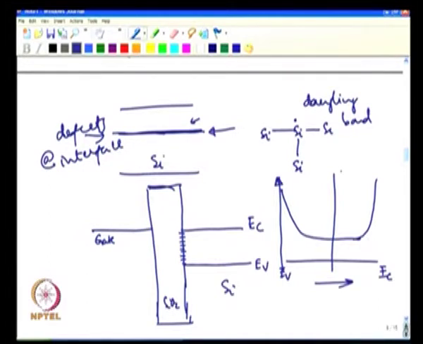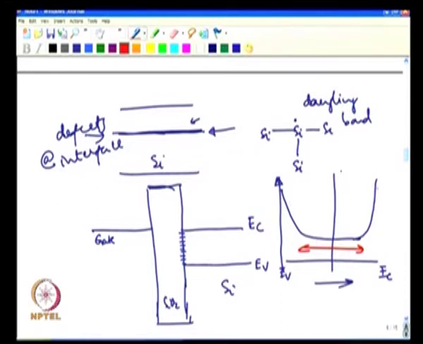This is a region where, when we are applying gate bias, we are moving the Fermi level from accumulation towards the inversion region. We do not go very close to the valence band anyway, we do not go very close to the conduction band anyway.